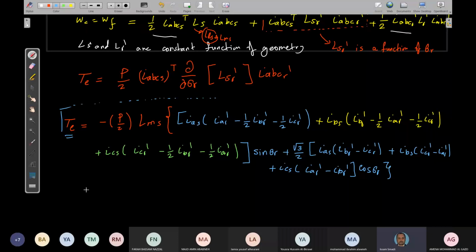Simply you will say that TE will equal J, which is the inertia, 2 over P d omega r by dt, plus 2 over P B omega, plus TL, which is the load torque.